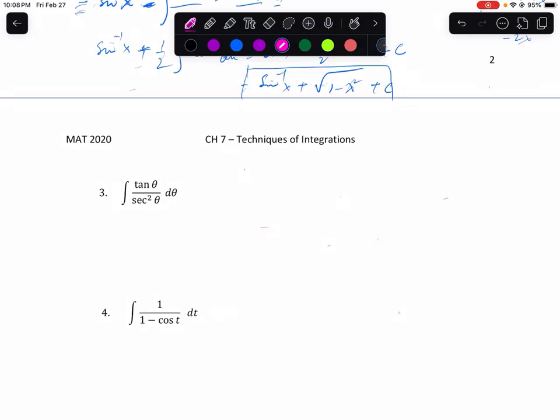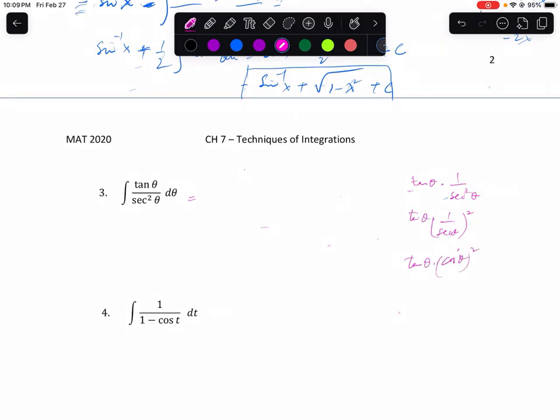So remember the tangent theta over secant square theta, I can write it as tangent theta times 1 over secant square theta, which is actually tangent theta times 1 over secant theta whole square. But 1 over secant theta is cosine theta. So this will become tangent theta into cosine theta whole square.